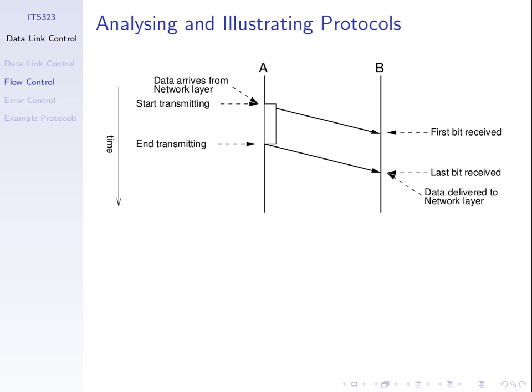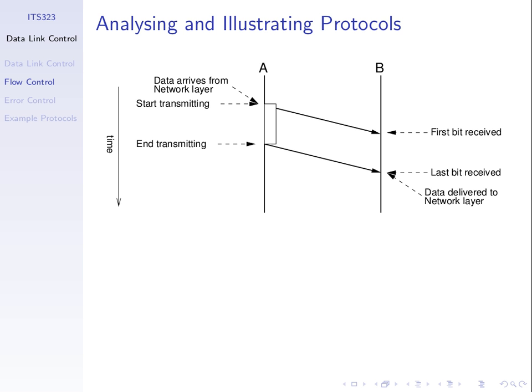So if the first bit was transmitted by A at this time, sometime later, remember time is increasing as we go down, the first bit would be received by B, and then the second bit and the third bit and so on, and eventually the last bit representing that frame would be received. At that point in time, B has received the entire frame and can start processing that.